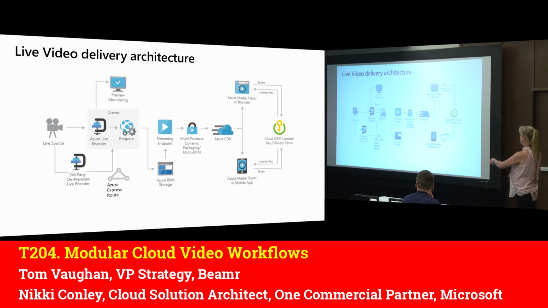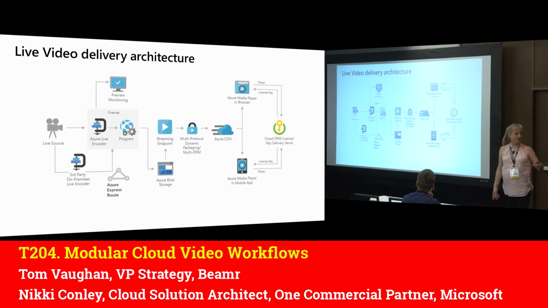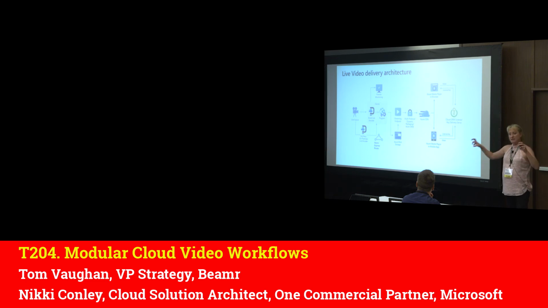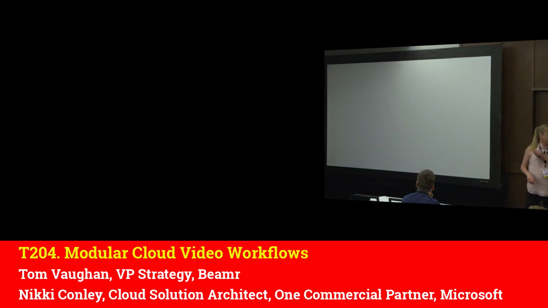What's really important here is your DRM, and you're using your CDN and your sources for playback. This is very high level for live streaming. You could use a third-party encoder like Beamr's, or you could use an Azure Live encoder. So you can really pick and choose. You don't have vendor lock-in. I think that's it, so we can go to questions.